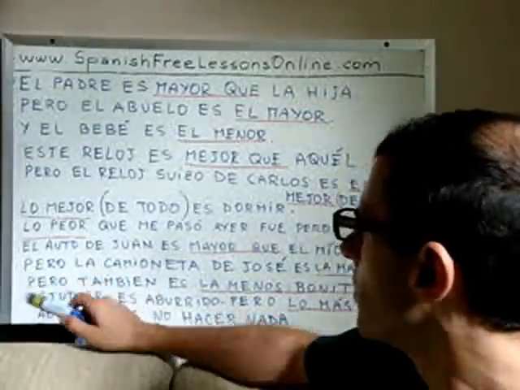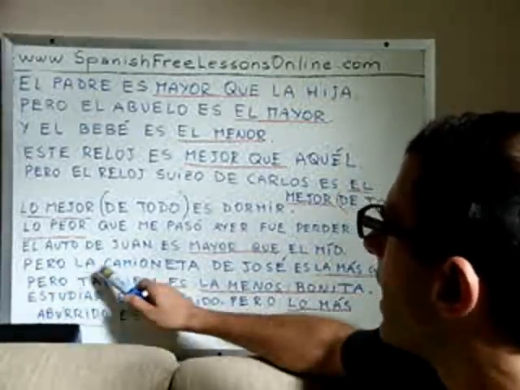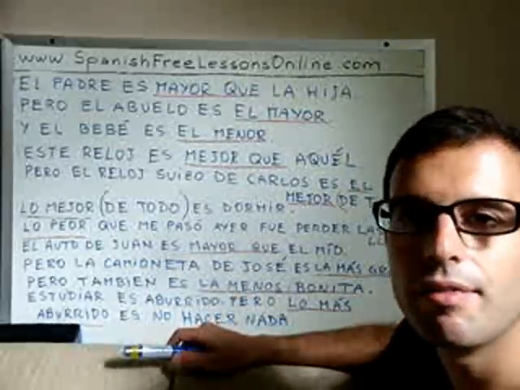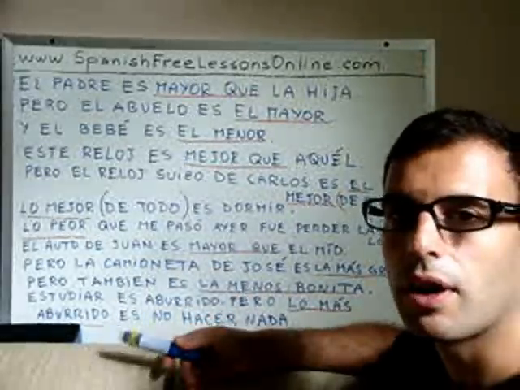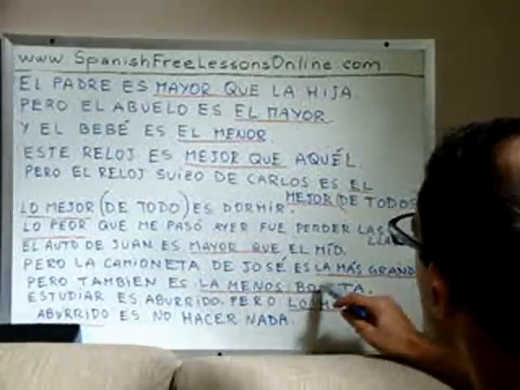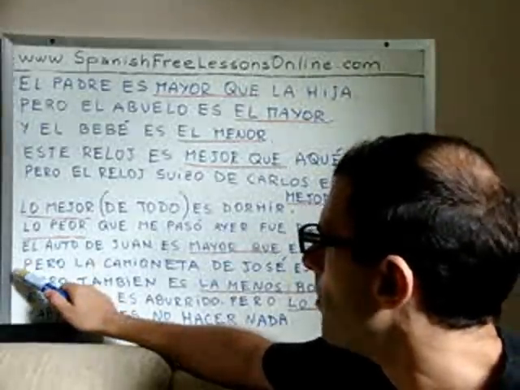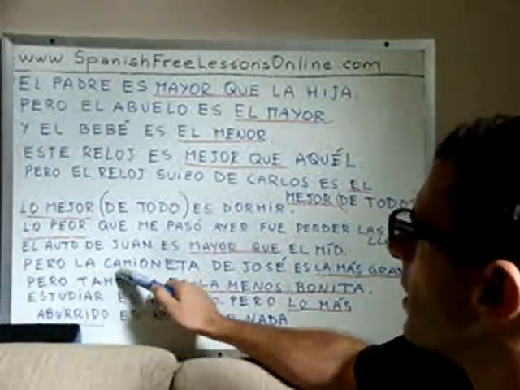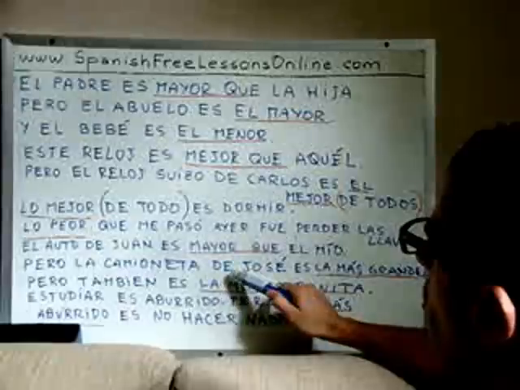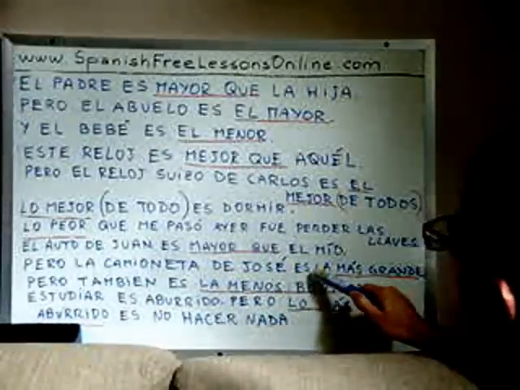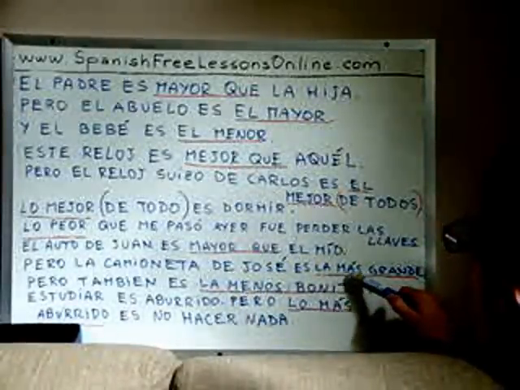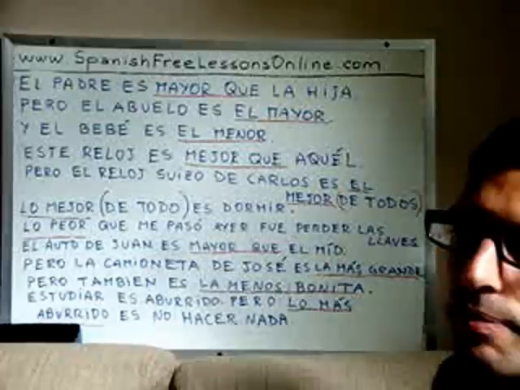Pero means but, okay? Camioneta means van, a van, bigger than a car, right? So let's translate. But the van of José is the most big, okay?